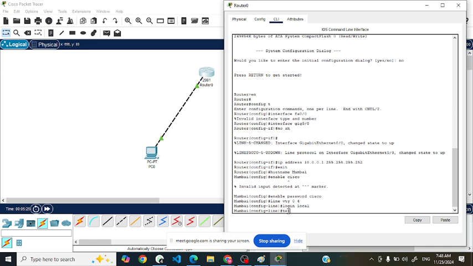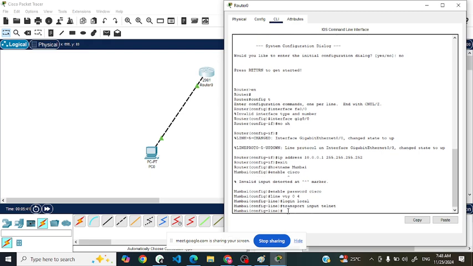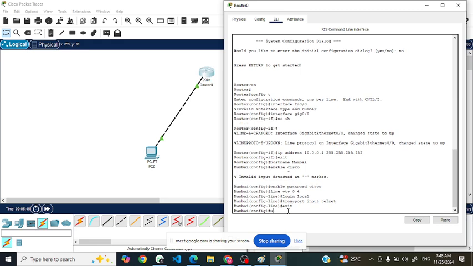Only Telnet access is being given. Then we go to configuration mode and write the username and password. Suppose the username is India and the password is Delhi.